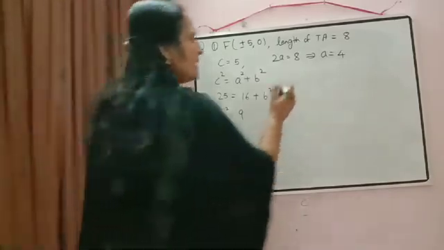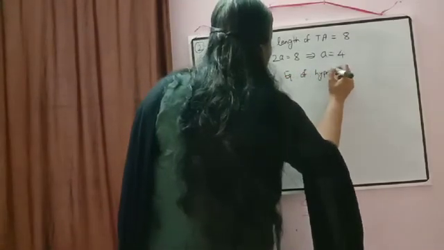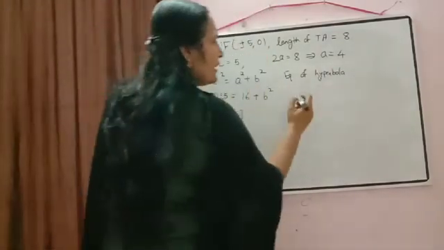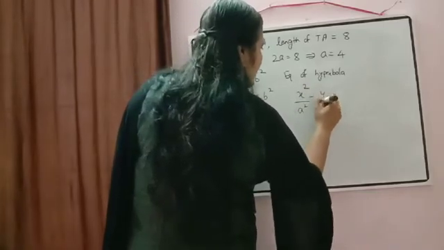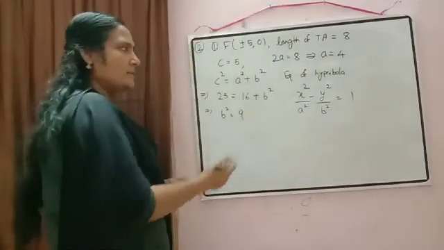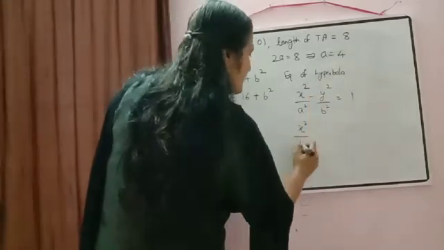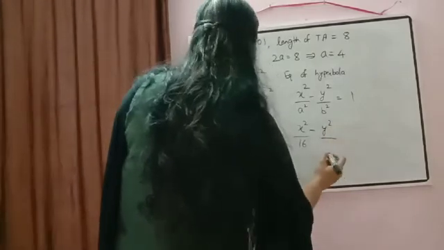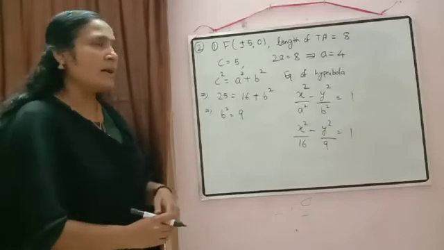Now directly write down the equation of hyperbola. Just to check, it is along the x-axis, so x only should come first. x square by a square minus y square by b square is equal to 1. Just substitute the values. x square by 16 minus y square by 9 is equal to 1. So this is the equation of hyperbola.